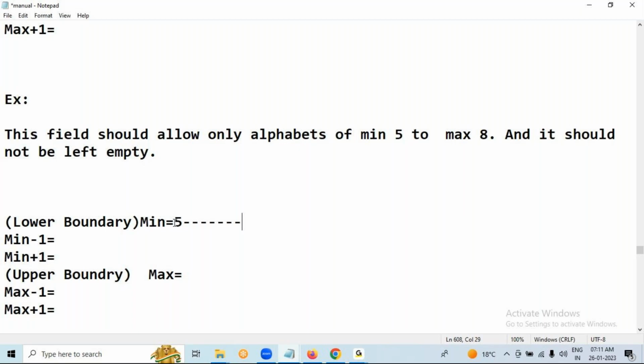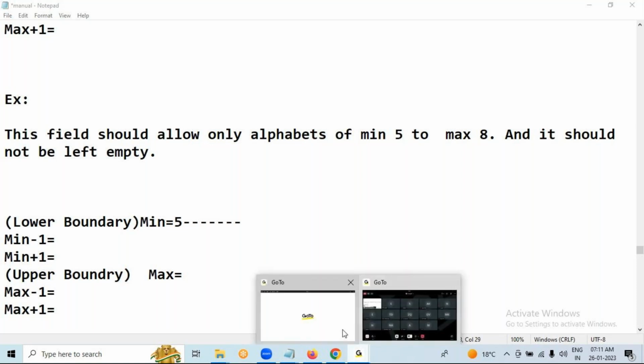Next, five alphabets, any five alphabets, like Vibha.